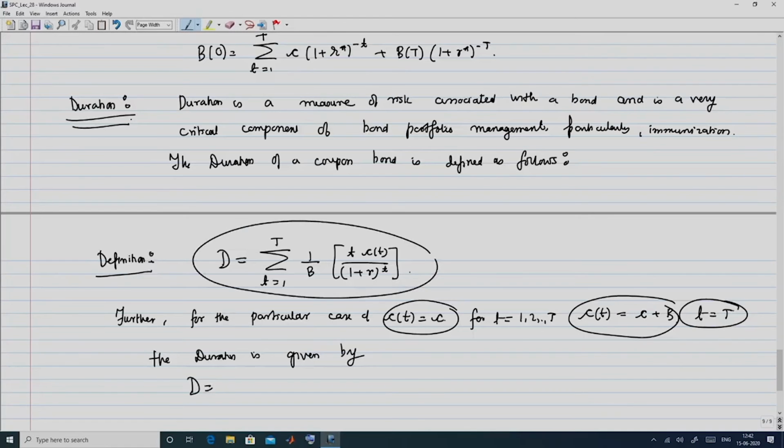So, what does this relation reduce to in this particular case? This is given by d equal to summation t equal to 1 to capital T small c over B, because this is a constant c now, into t over (1 plus r) raised to t, plus 1 over B into t of capital B, t divided by (1 plus r) raised to capital T.